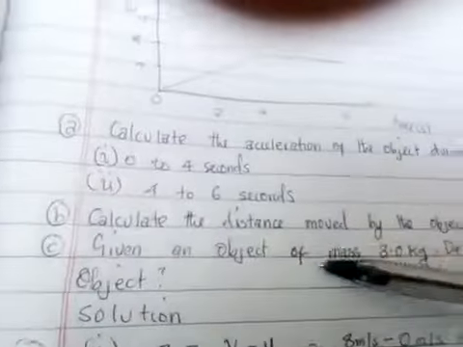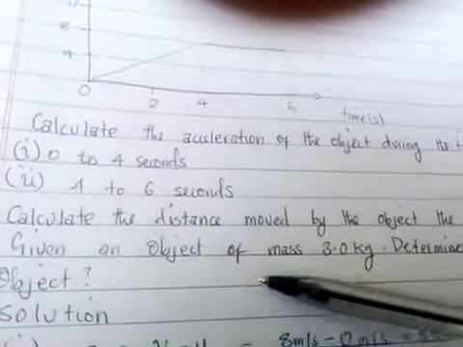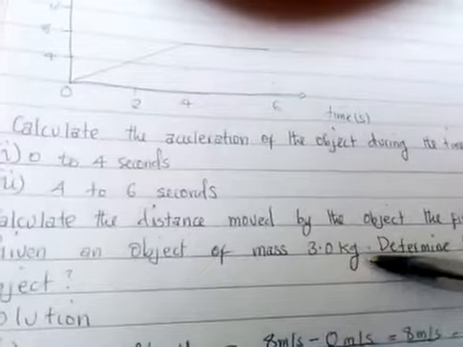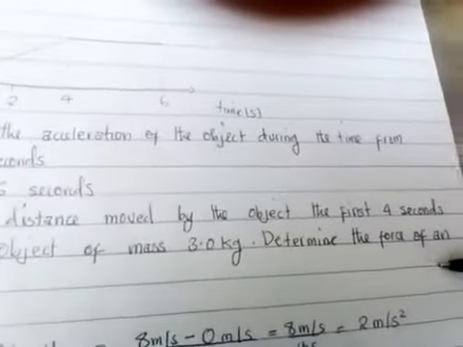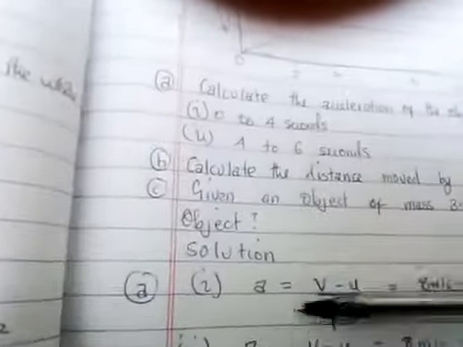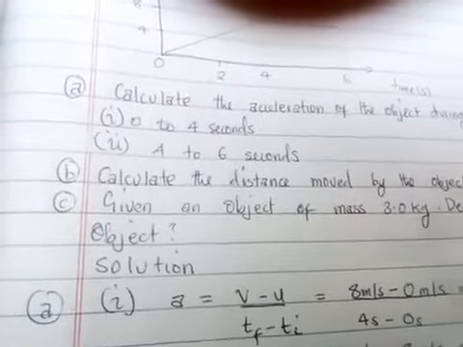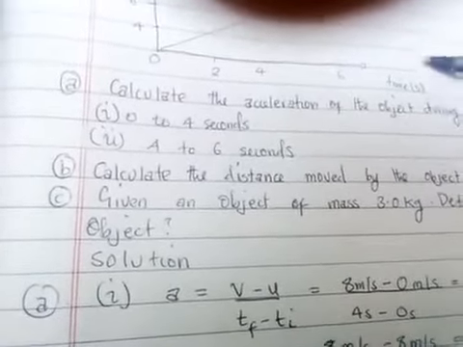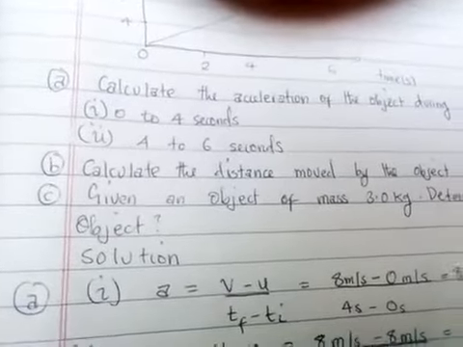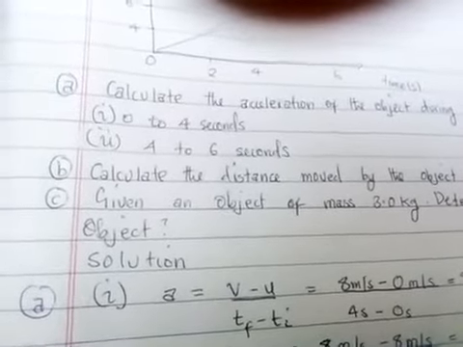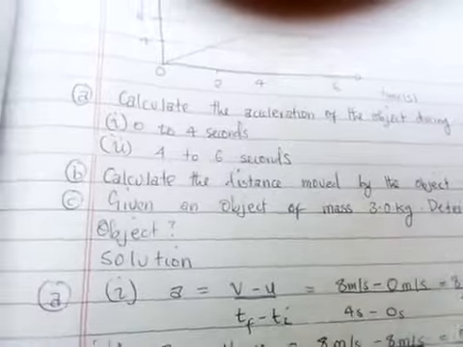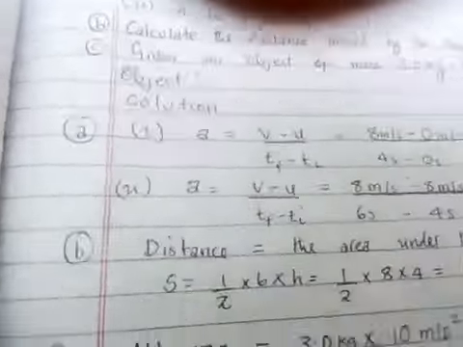And then we have a bonus question here. Given the object of mass 3 kgs, determine the force acting on the object. So here they're asking you to calculate the weight. You know weight, the force exerted on an object due to acceleration due to gravity. So how do you do that? You use the simple formula.